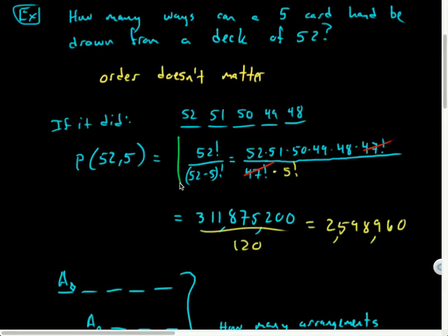The permutation formula was n factorial over n minus r, but I have to add an additional piece for combination. What number did this relate to, n or r? That's related to the r, so I'm just going to have an extra r factorial in the denominator. And that's the only difference.